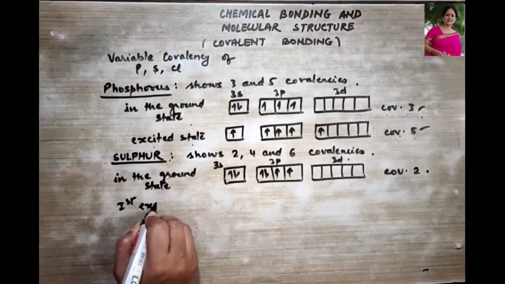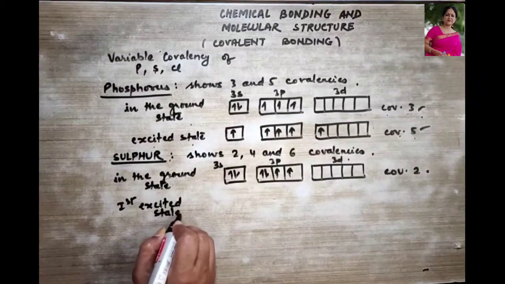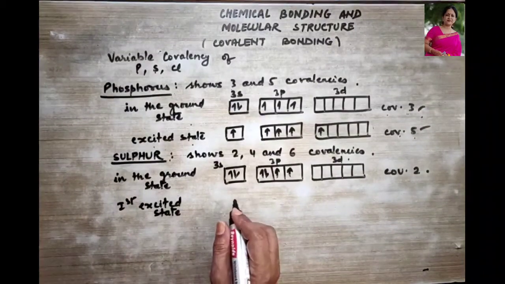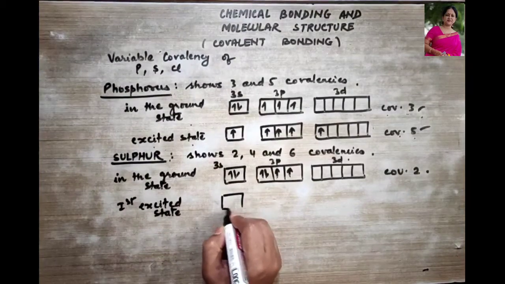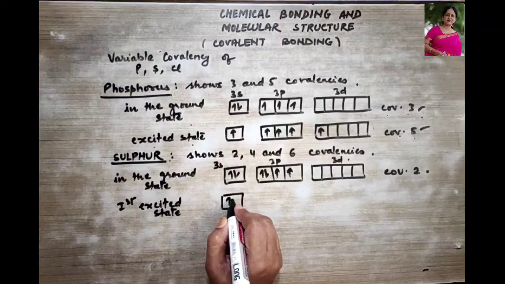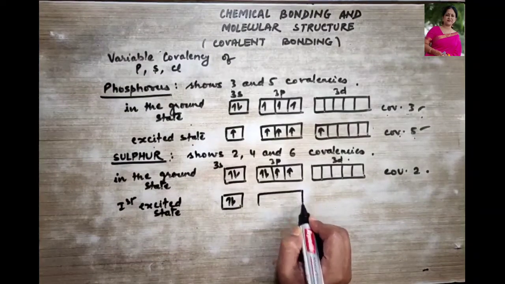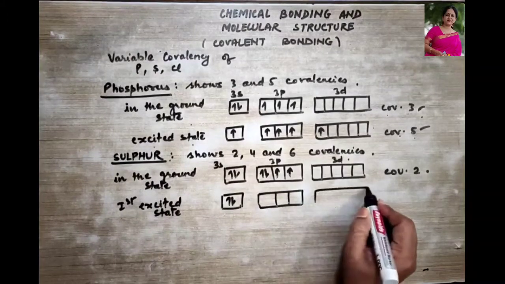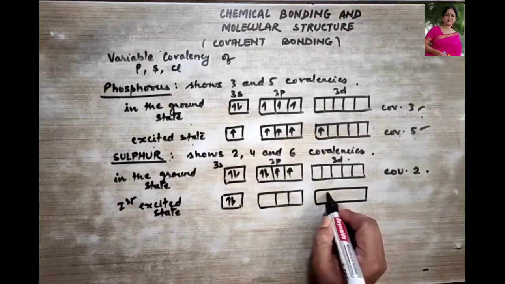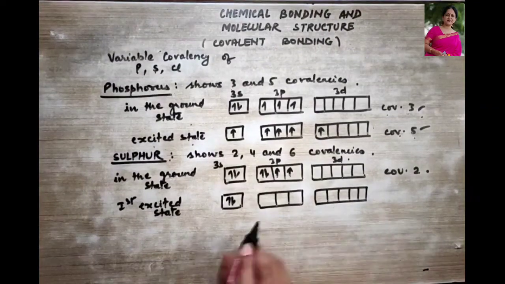Now let us look at the first excited state. In the first excited state, what are we going to see? Firstly, 3s2 remains as it is. Let's look at p, and I draw the d orbital also. 1, 2, 3, 4, 5.